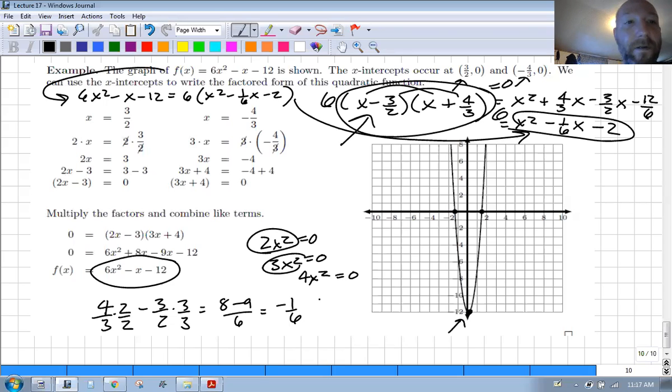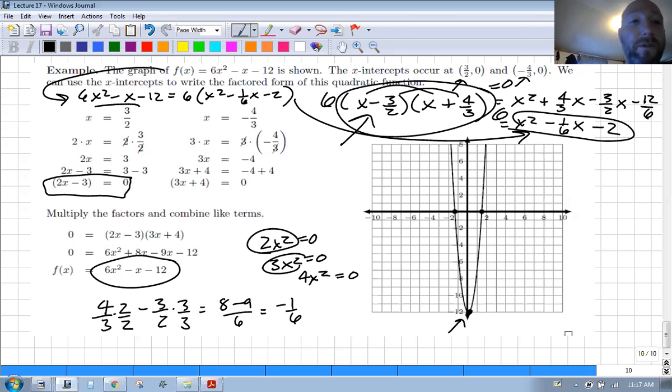Okay, so let's see what they do. They take each of our x-intercepts, right? And all they're doing is turning things into whole numbers, getting rid of the fractions. So they multiply both sides by 2, and you get this. Then subtract 3 from both sides, so you're setting it equal to 0.